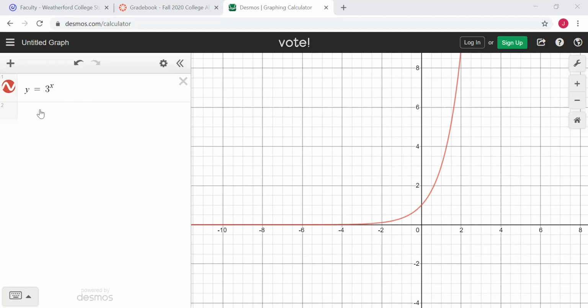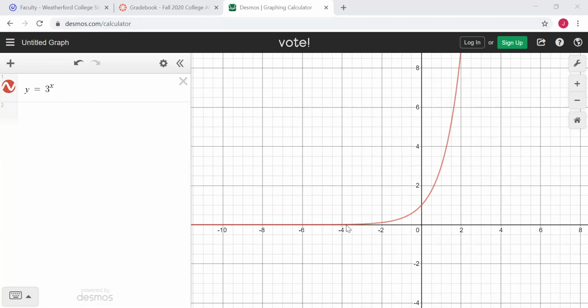So this is the basic exponential, 3 to the x. So our base is b, simple, 3 to the x. Comparing some notes here, first of all, we see that the base is greater than 1. 3 is greater than 1.